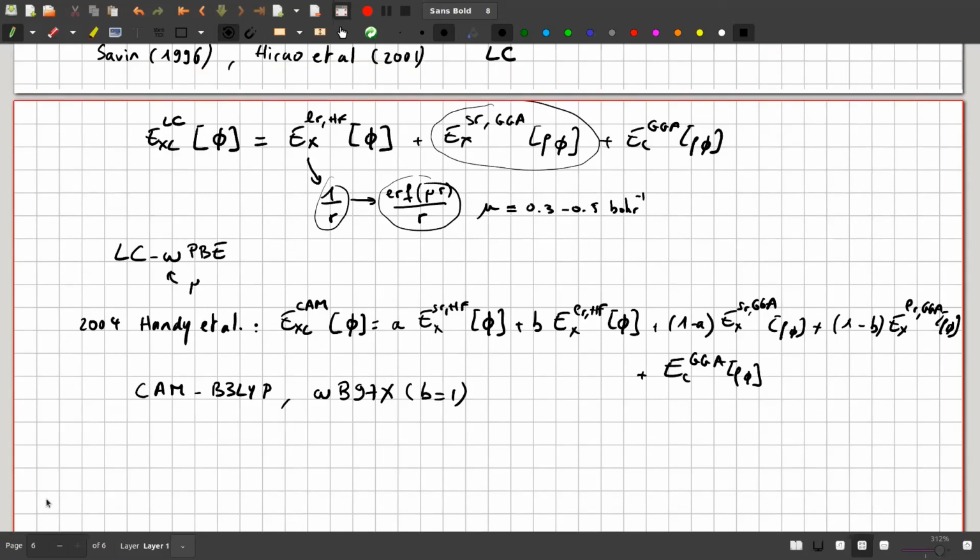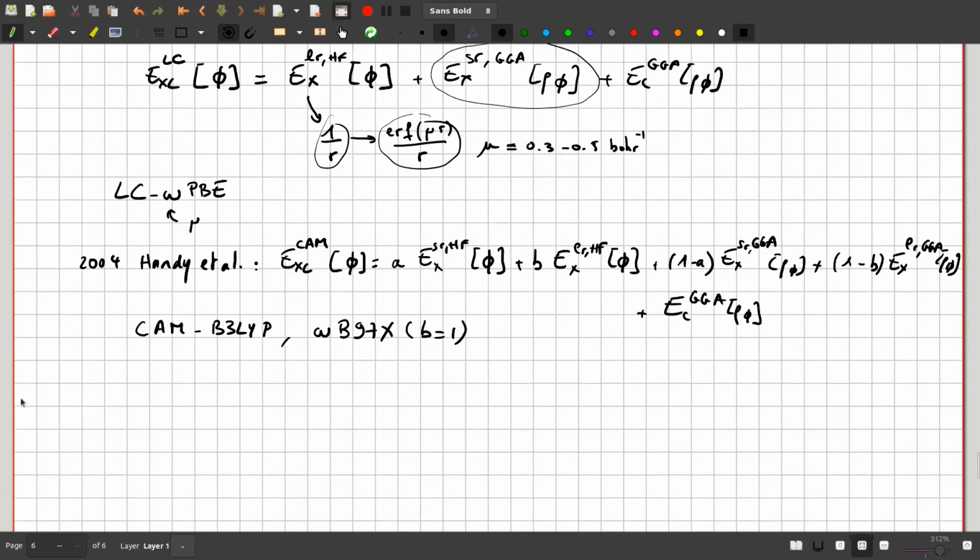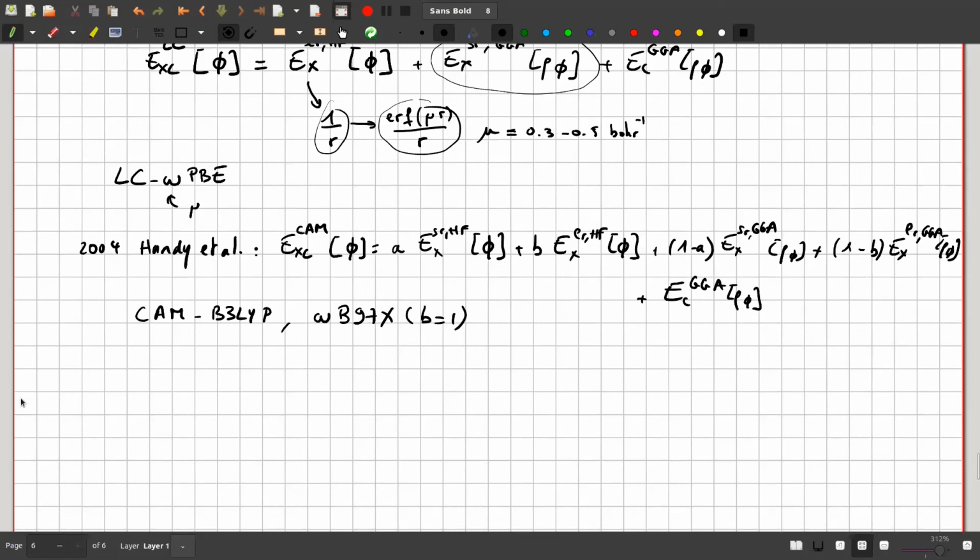Yeah, so the last thing that I want to talk about is, as I promised at the beginning, multi-determinant hybrid approximations.